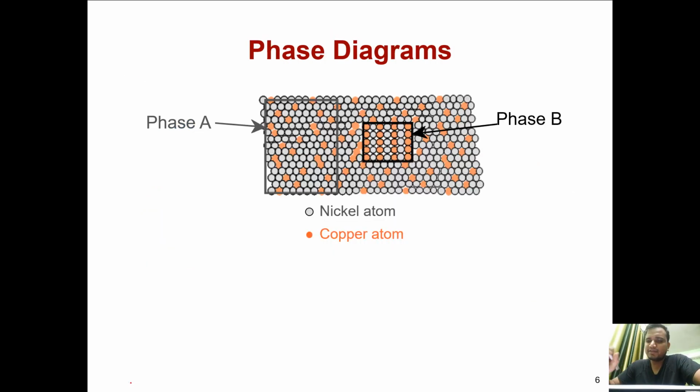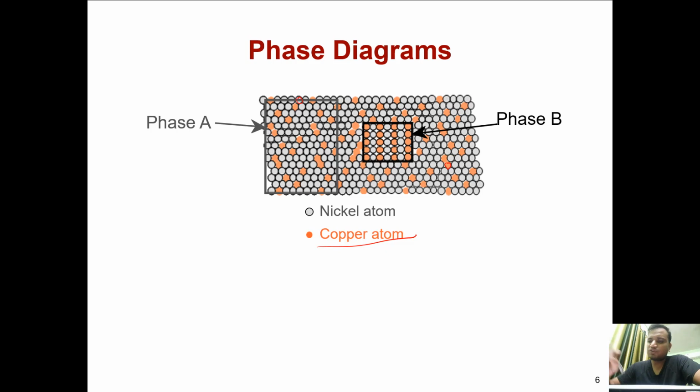Similarly, how can you understand in terms of atoms? See, this gray color is the nickel atom, and this orange color is the copper atom. Now we have added the copper, right?